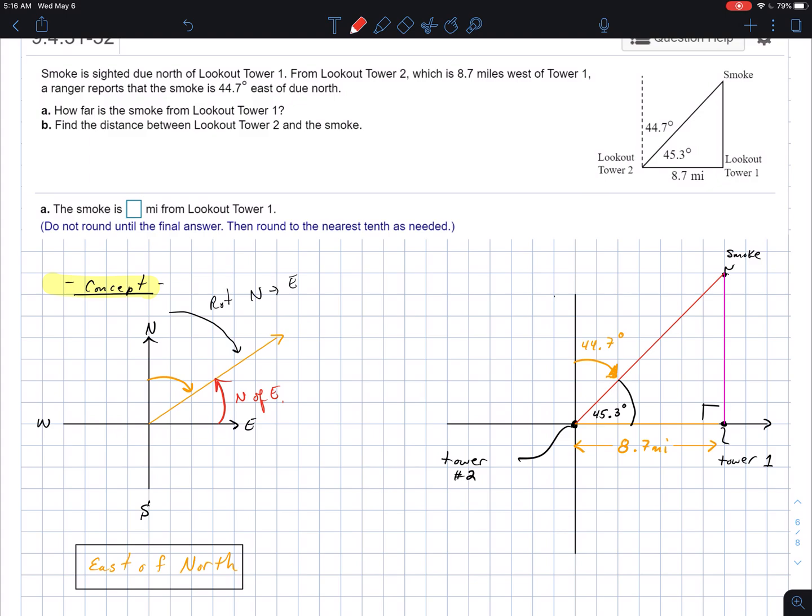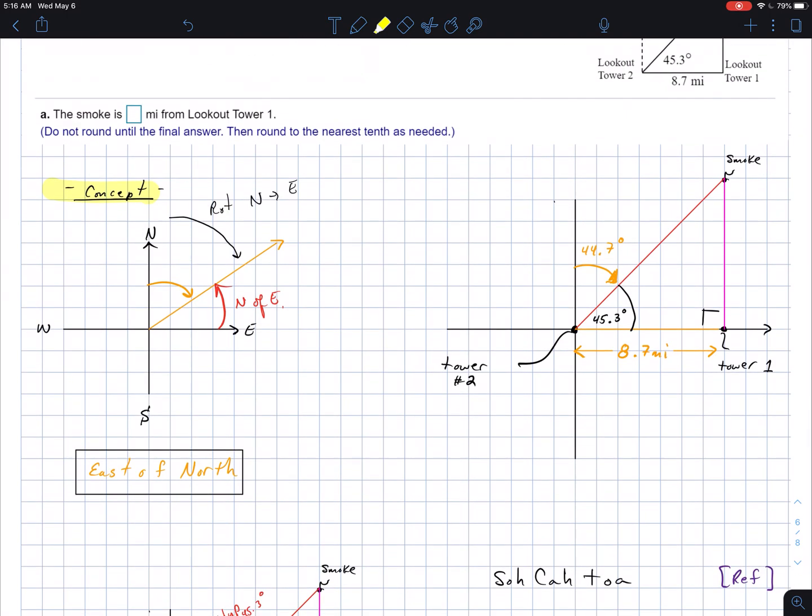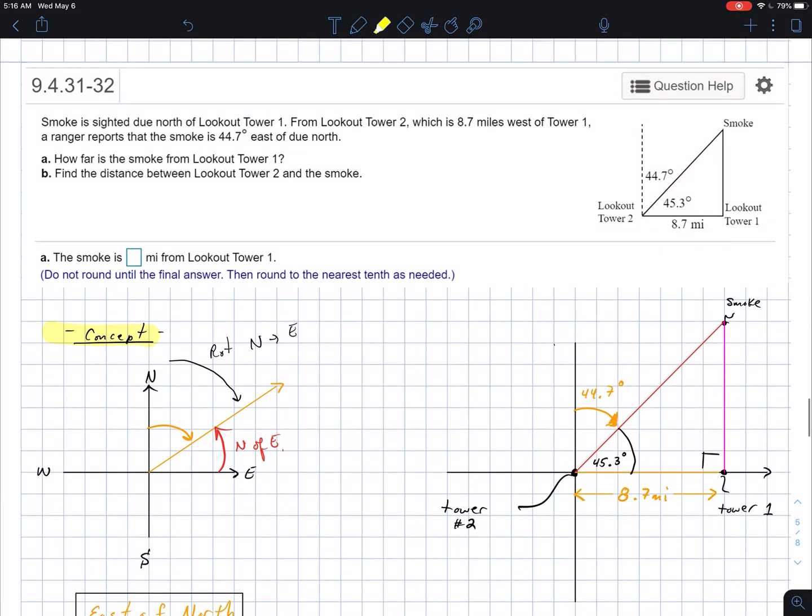That's the 44.7 degrees for you, okay? So all we have to do now, once we have everything, is start to solve the problem. How do you find out the distance, like the smoke is, from here to here? That's what it's asking first. Well, that's easy. Let's do that.